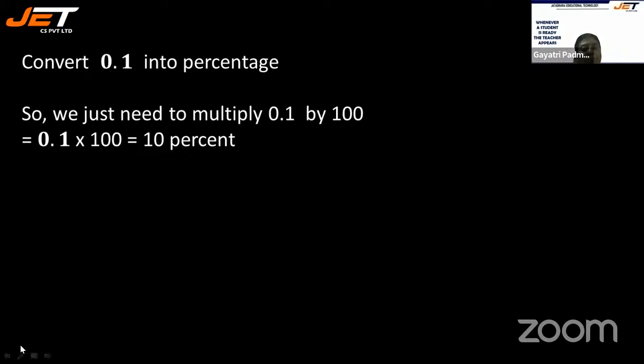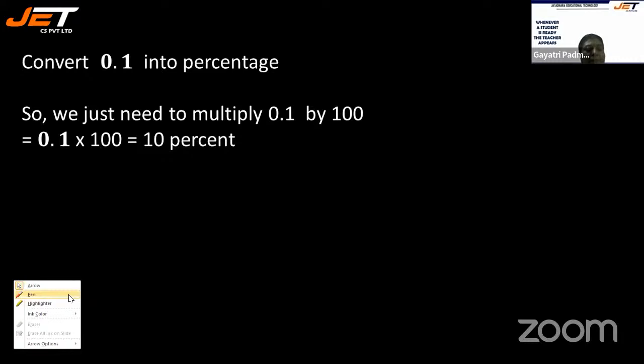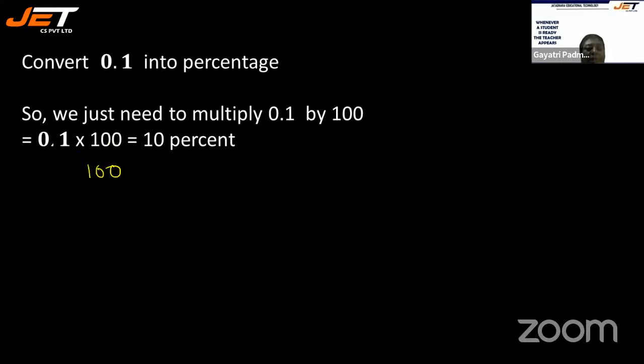I'm sure you must be thorough with the decimal concepts. After the decimal, you have only one place. When you see the decimal, you are seeing forward, but when you keep the decimal, you have to go backward. So 10.0 is nothing but 10%. All right?